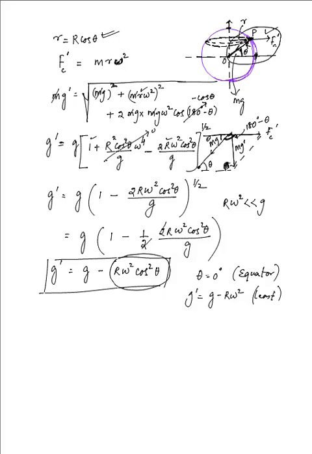And as we know that it varied by a certain amount, let us see what it does at the poles. At the poles, theta is simply equal to 90 degrees, and with that value going to 90, cos 90 is 0, so g dash is equal to g. Here your apparent and actual weights will be the same, and so with that value available, what we can have over here is R omega squared.